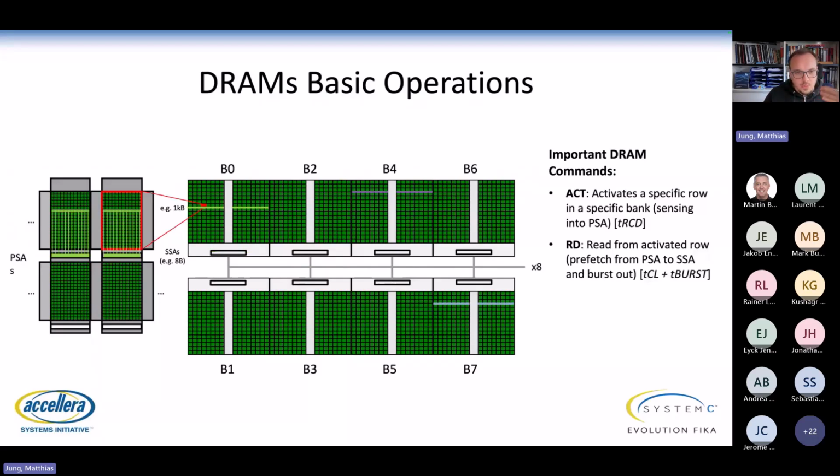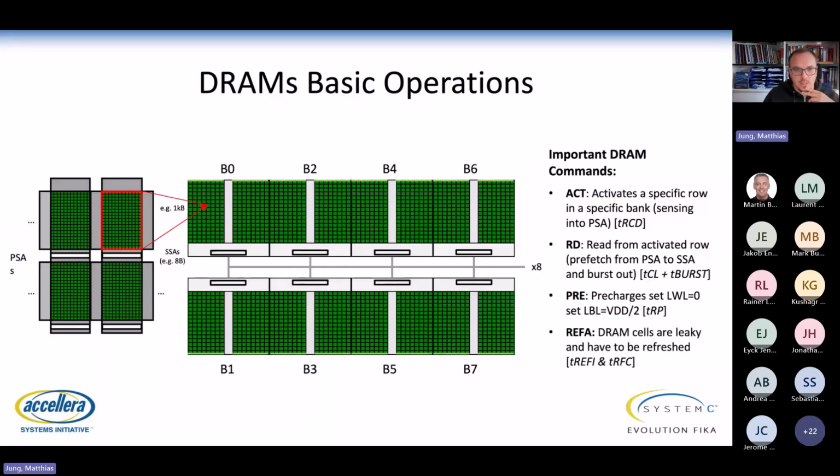And if you want to close a DRAM row, then we have the so-called pre-charge command, which again brings the bit lines to VDD half as a reference voltage. And the last thing which is important is the refresh. So we have leaky capacitors. So from time to time, we have to go through the DRAM.